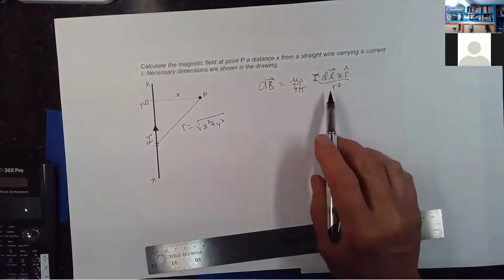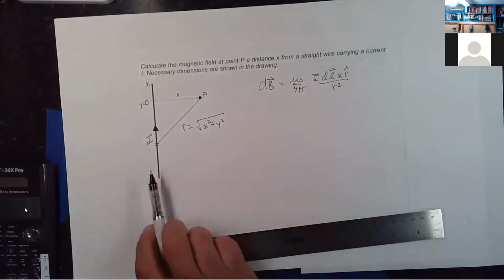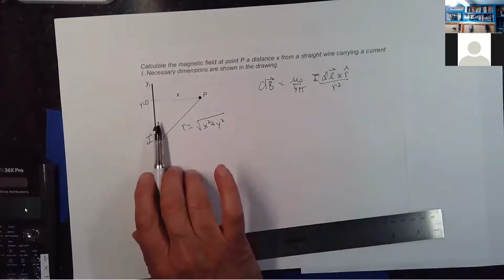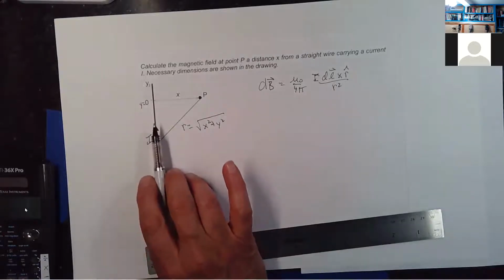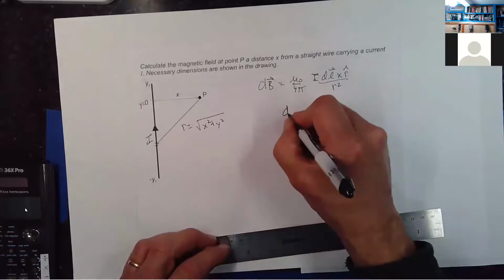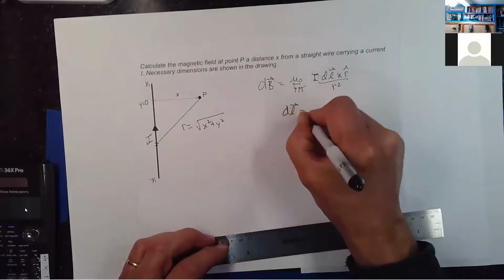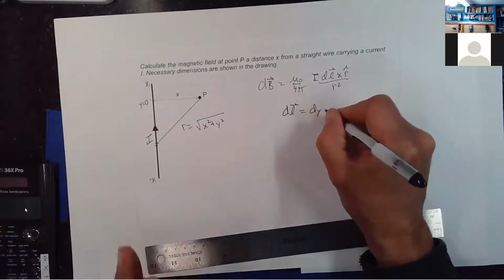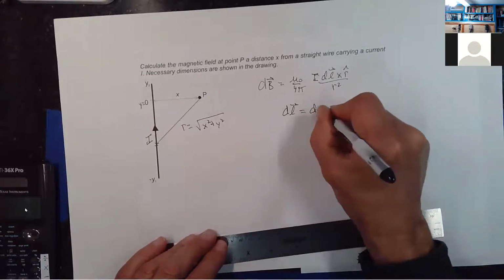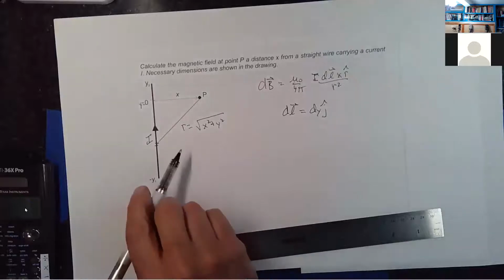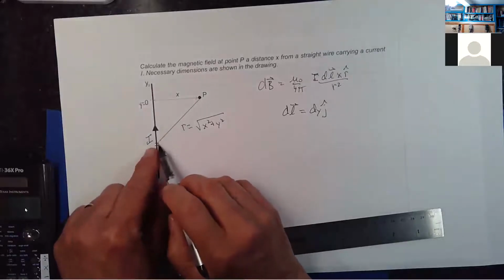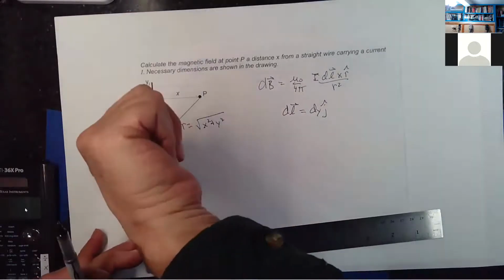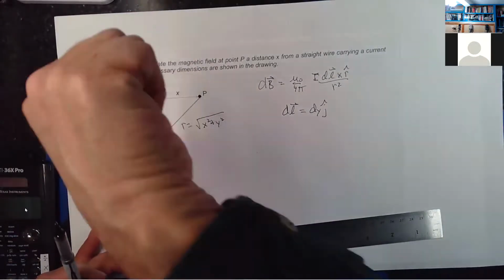Now think about the geometry here. dl is going to point in the direction of the current flow, so dl equals dy in the j hat direction. r hat is a unit vector that points from here to here. dl cross r hat is going to go into the page.